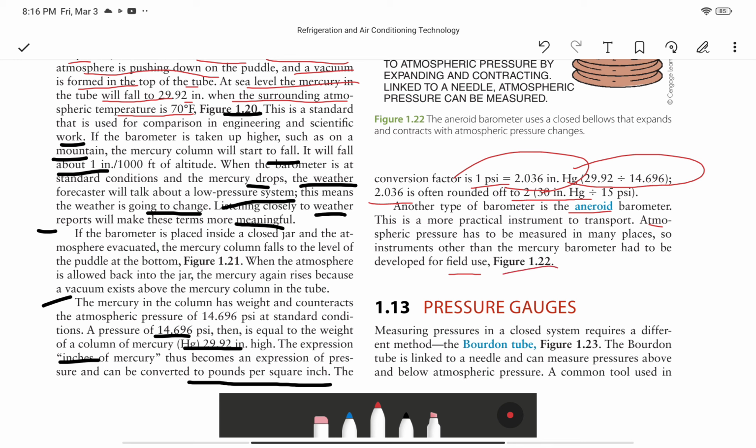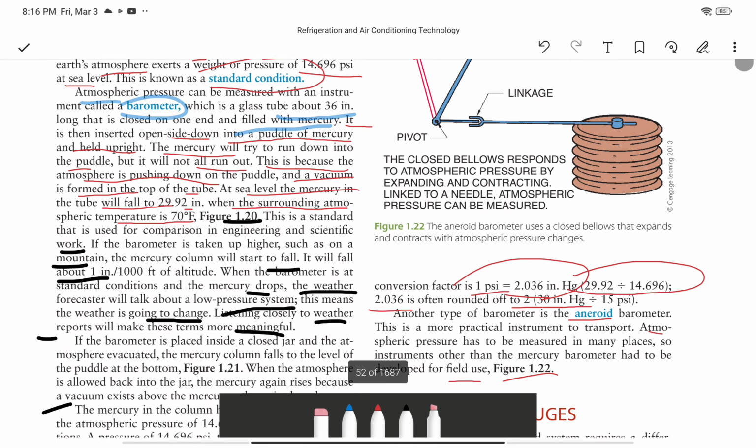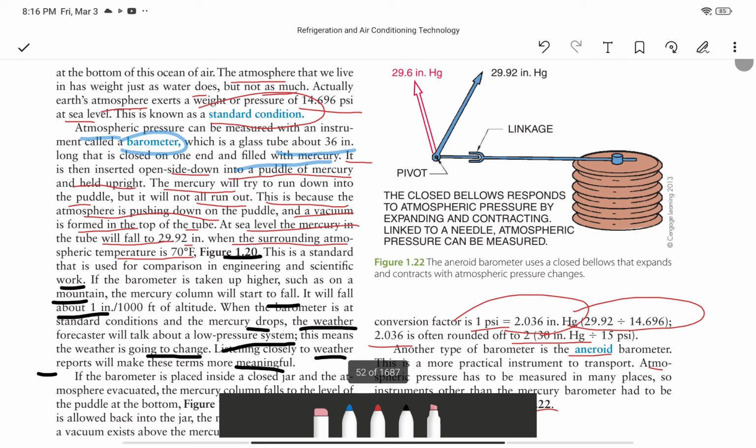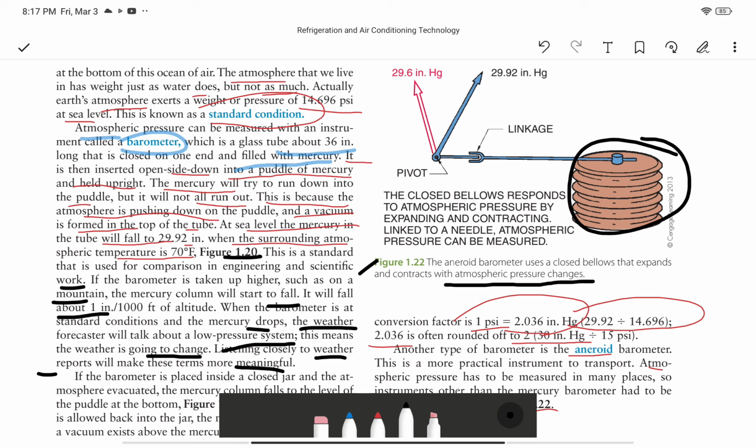Here is this instrument in figure 1.22. An aneroid barometer uses a closed bellows that expands and contracts when atmospheric pressure changes. This bellows here.